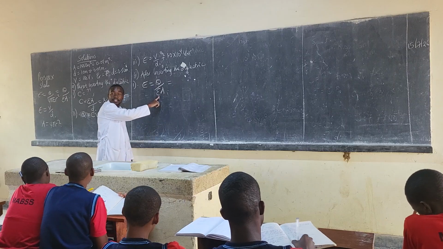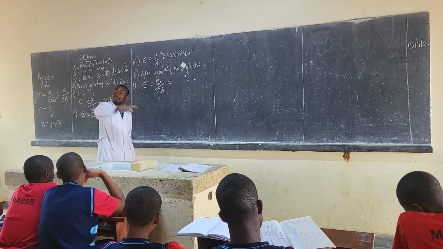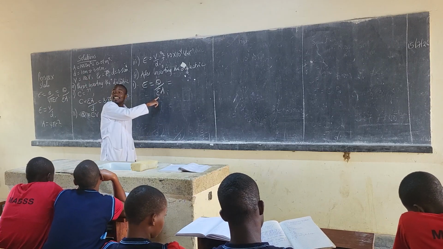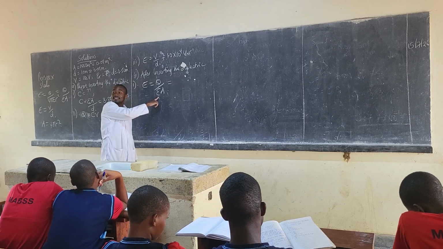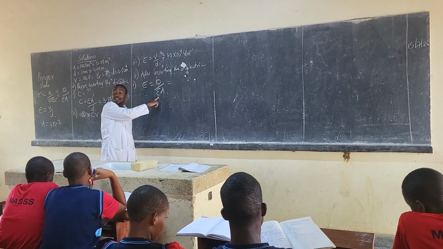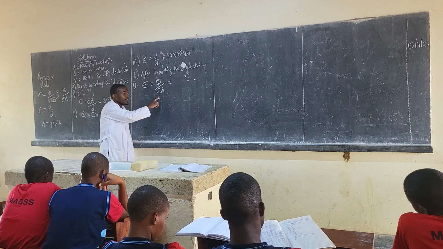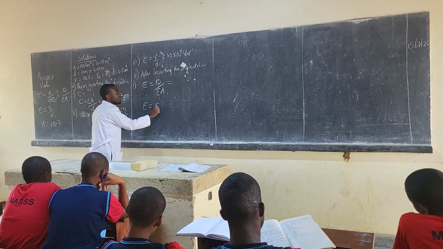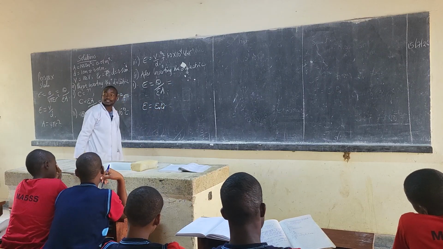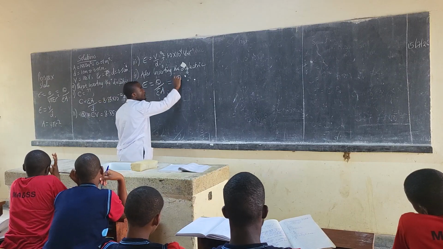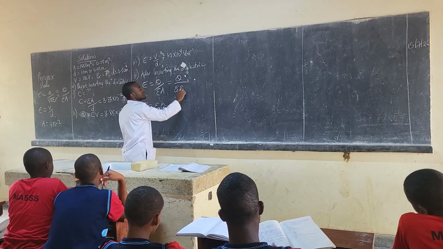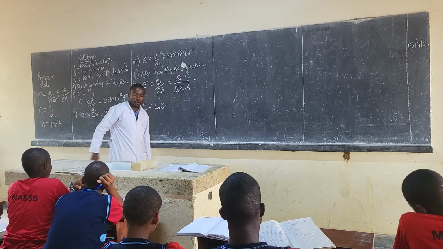I'm interested in epsilon here. What will epsilon be? Epsilon is going to be epsilon naught epsilon R, right? So we shall have Q over epsilon naught epsilon R times A. Now do the substitution.